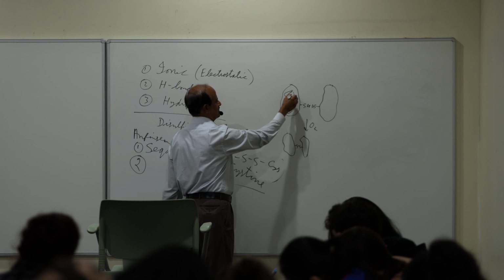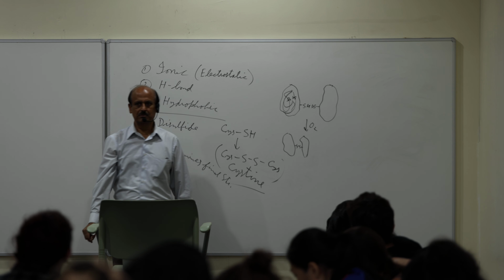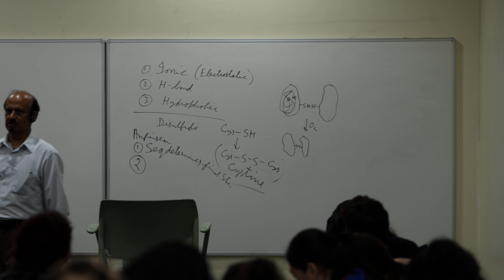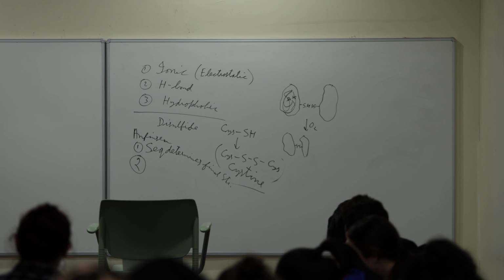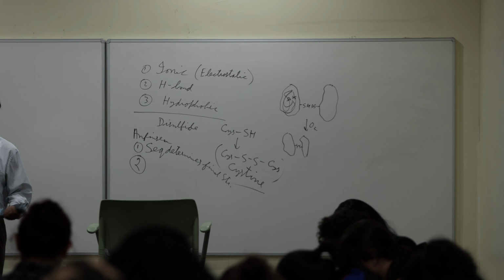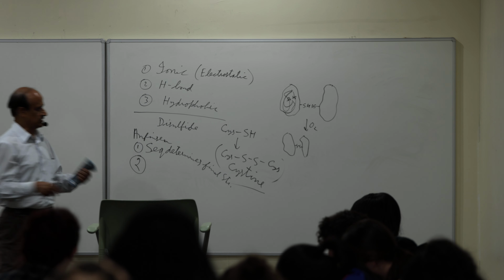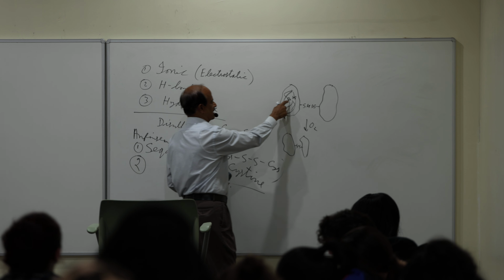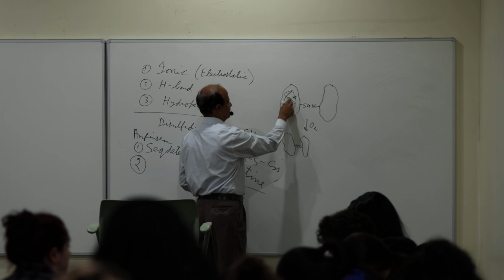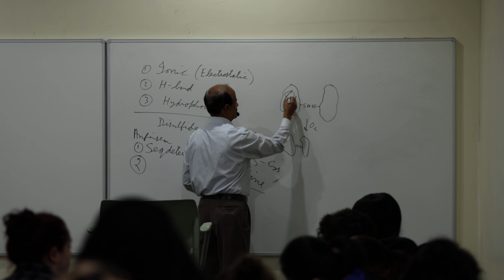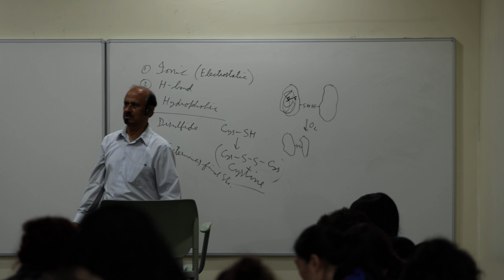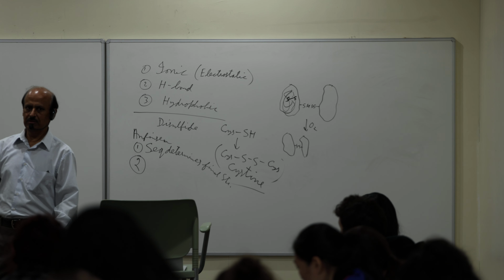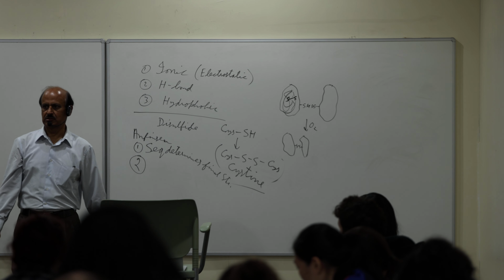This cysteine and this cysteine are close to each other not because they form a disulfide bond, but because of the other interactions that the protein has. The two cysteines just happen to be close to each other. Once they are close, they can get oxidized and form a disulfide bond, so this sulfur and this sulfur can form the disulfide bond. So the disulfide bonds do form, but they form after the protein has formed.